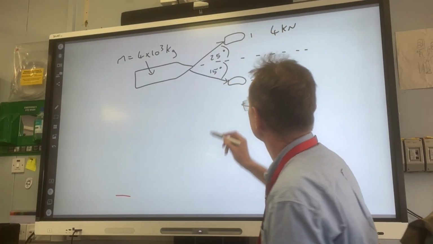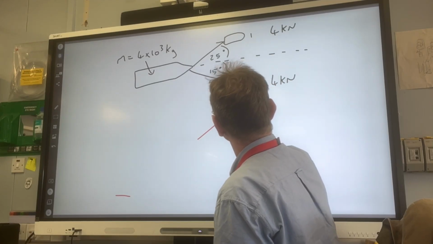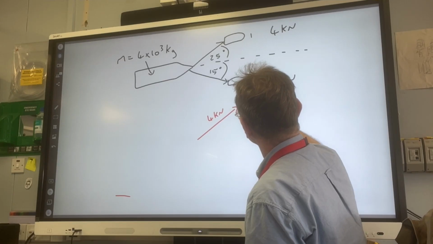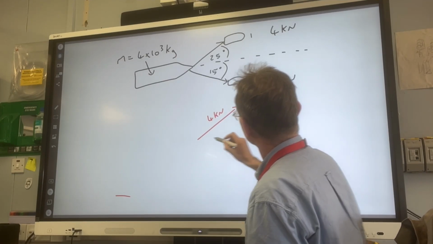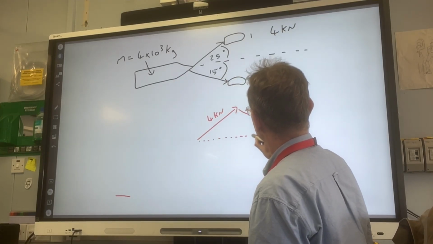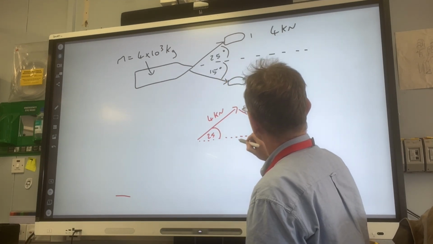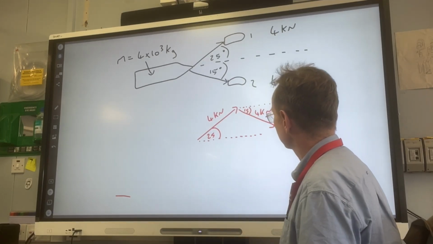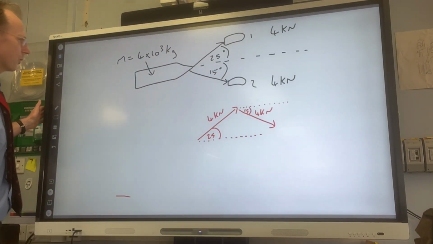So you do it this way. This is one. And then this is the other. This is 25. This is 15. How do you find out the magnitude of the resultant?